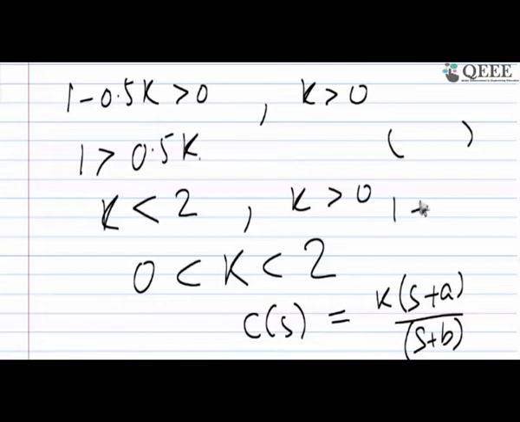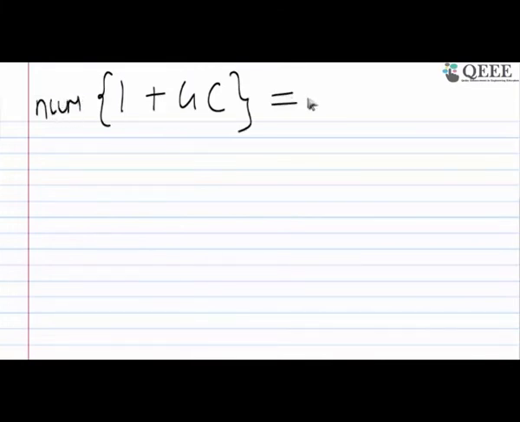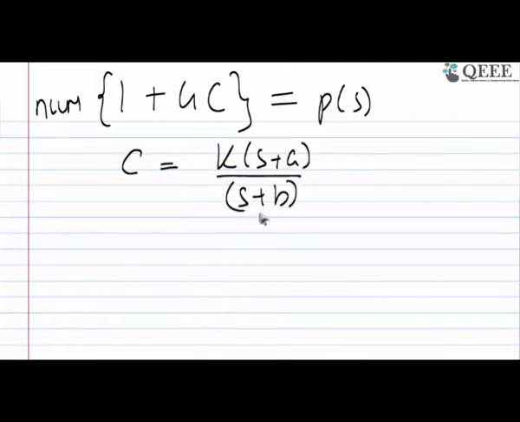Once I write the closed loop 1 plus G into C, the numerator of this gives me the P of S, and I have a controller of this structure, for example, right? And now here there are three constants K, A and B. Assume that I know these constants and only this constant is unknown.